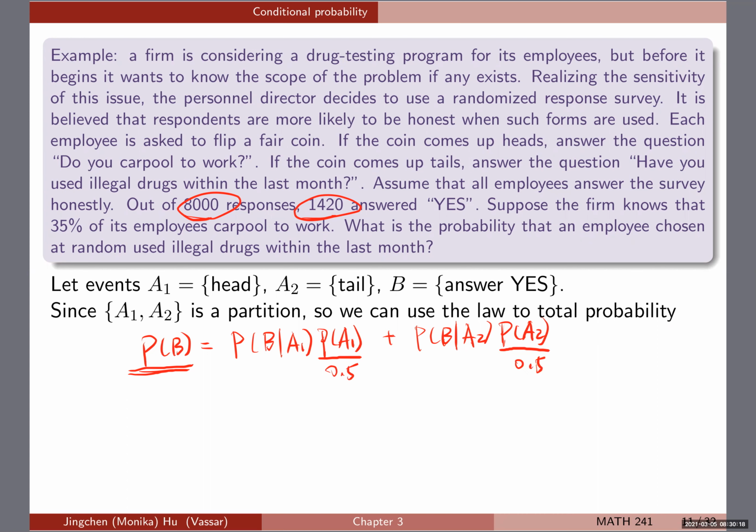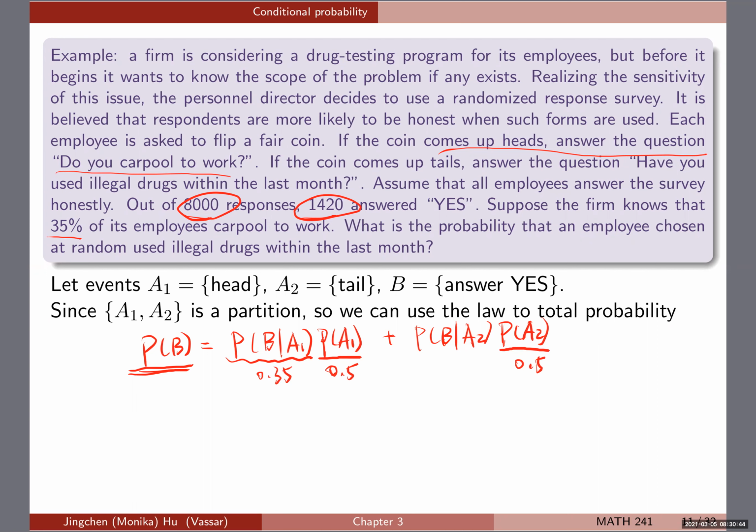And lastly, we defined that if the coin comes up heads, answer the question, do you carpool? And we know that 35% of its employees carpool. So this conditional probability, if I randomly select a person who is supposed to answer the first question, is going to be 0.35.